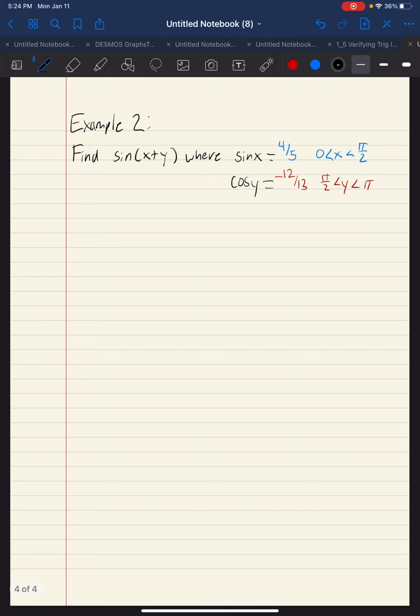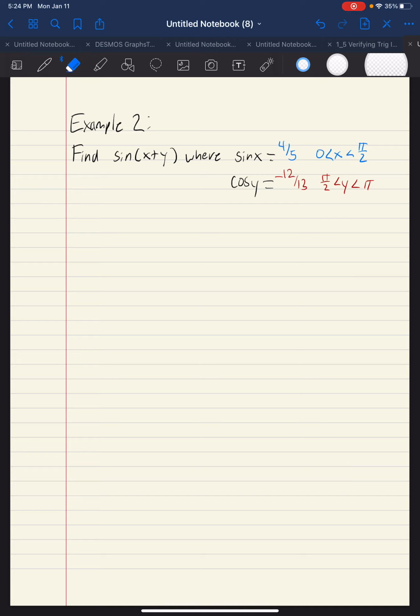Now lastly, we are going to do example 2, which says find sine of x plus y, where sine of x is 4 over 5 and x is in the quadrant between 0 and pi over 2. And then it also says cosine of y is negative 12 over 13, which is between pi over 2 and pi.